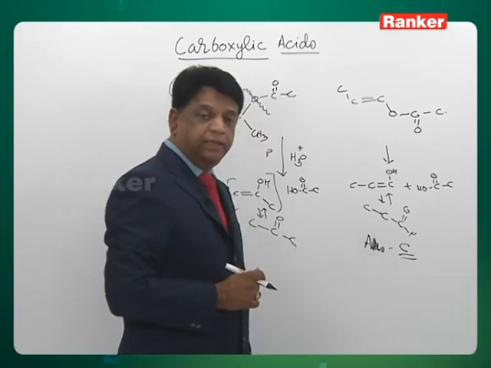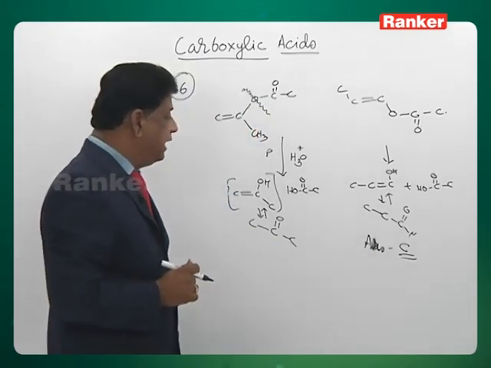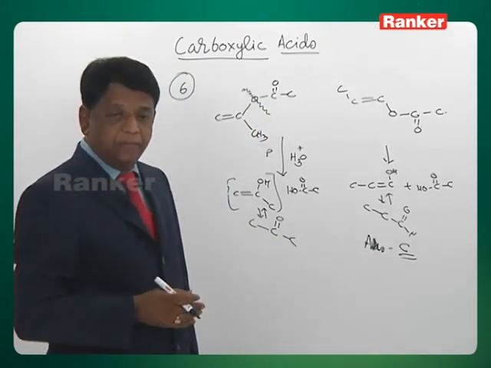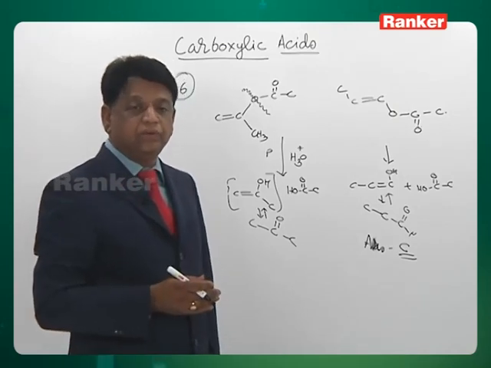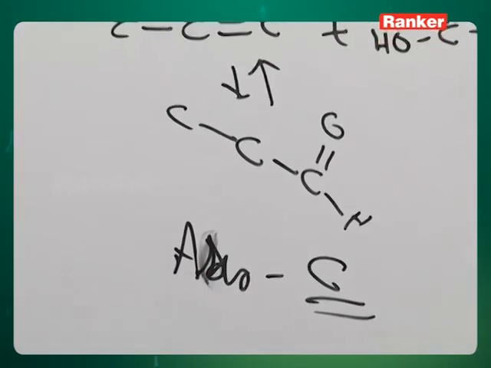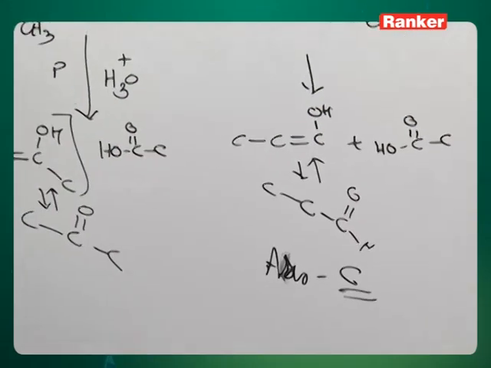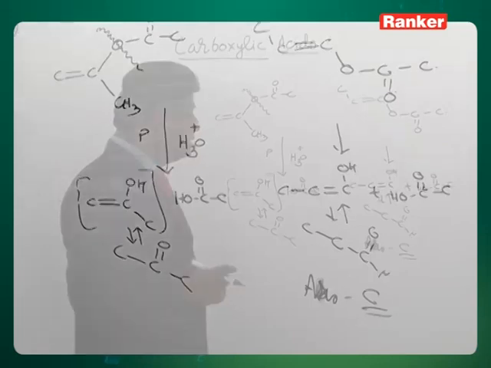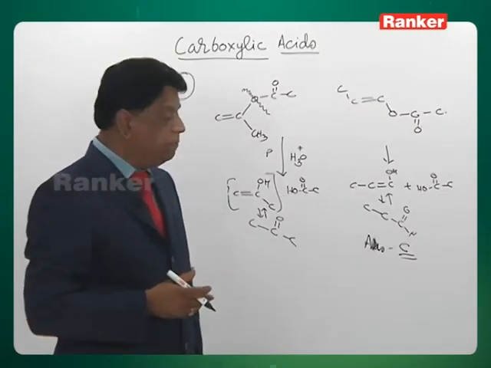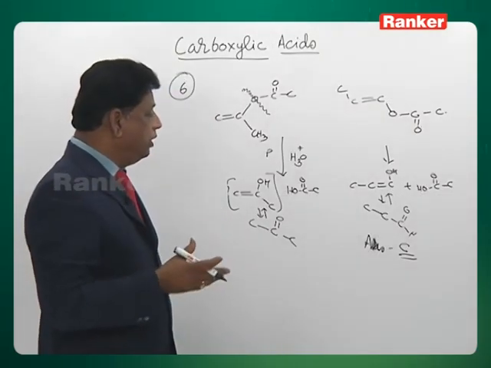So answer C is Fehling's solution, which is an ammoniacal solution of copper sulfate. So the ammoniacal solution of copper sulfate will give cuprous oxide which is precipitated as Cu2O.